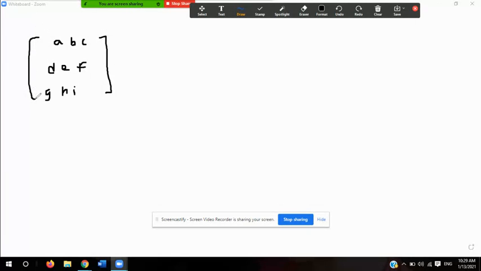The rule for finding the determinant of a 3 by 3 matrix states that it will be the product of AEI plus the product of BFG plus the product of CDH.